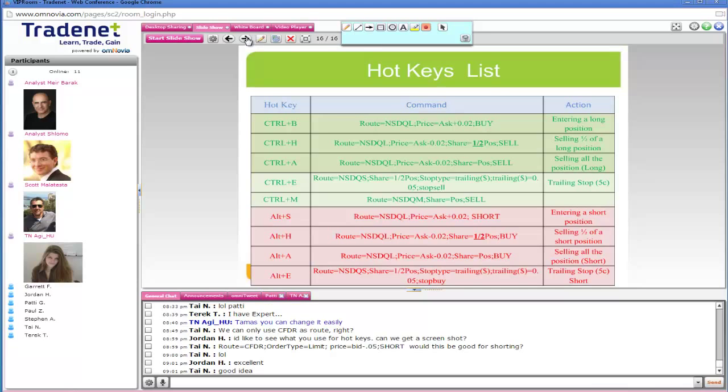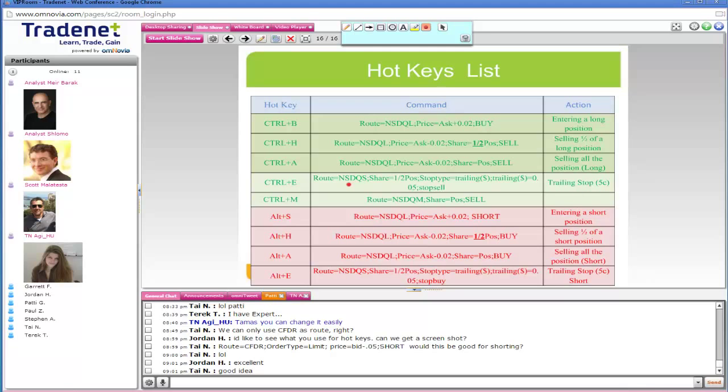Then what I'm suggesting is to use a trailing stop, maybe of 5 cents. That means the computer is going to track the highest price of the stock, and when you get a pullback of 5 cents, and you can define it to be 5 cents, 10 cents, 7 cents, which usually depends on the volatility of the stock, it's going to stop you out and take your partial.